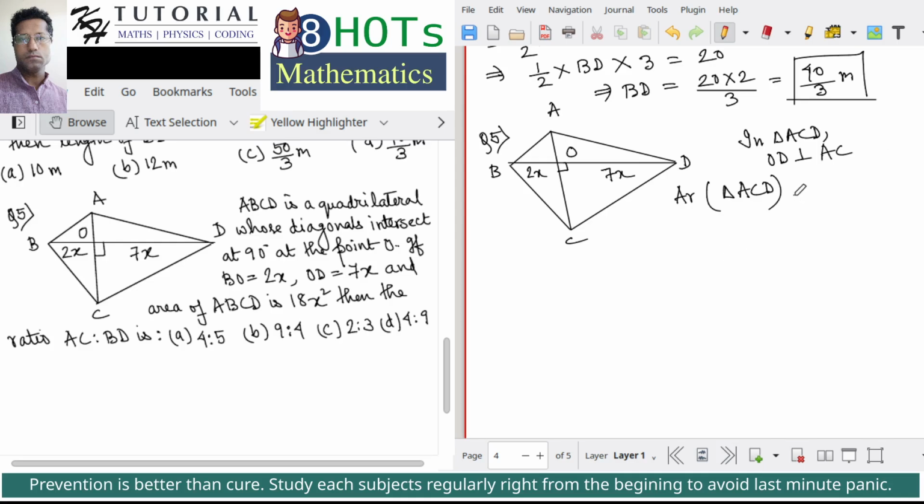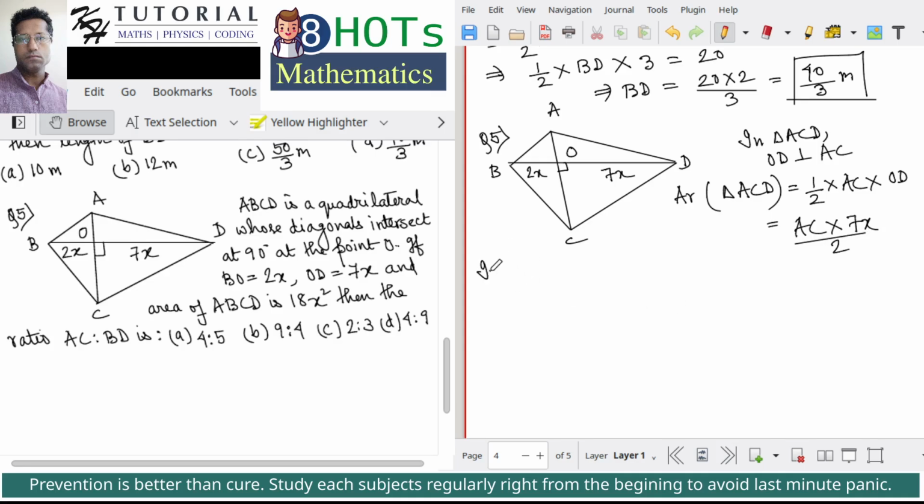So area of triangle ACD will be half into base, that is AC multiplied by its height, that is OD. OD is given as 7x, so this is AC multiplied by 7x by 2.